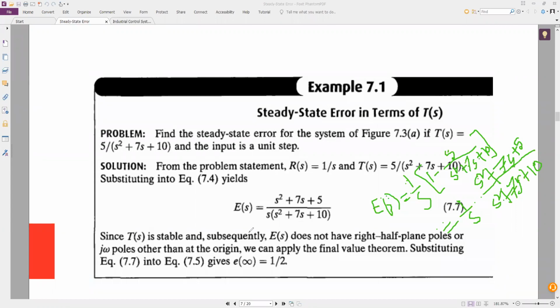Now, is it stable or not? To find the stability, you need to bring the Routh table.